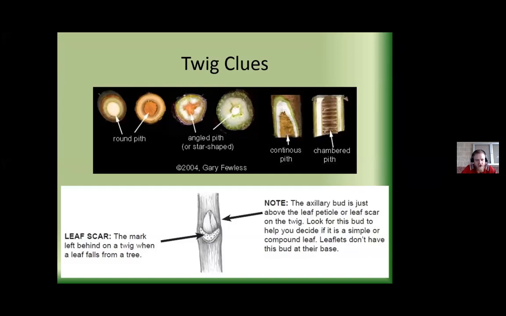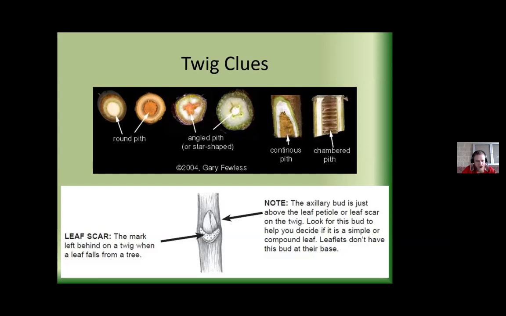If you cut it open, you'll be able to see these different patterns or different structures, whether it's open or continuous or chambered. Those are just other features that you can use to identify the species because they're going to be the same in a given species. And then also on the bottom here, it's not important that you read everything on this slide, but just know that there are these other features on twigs.